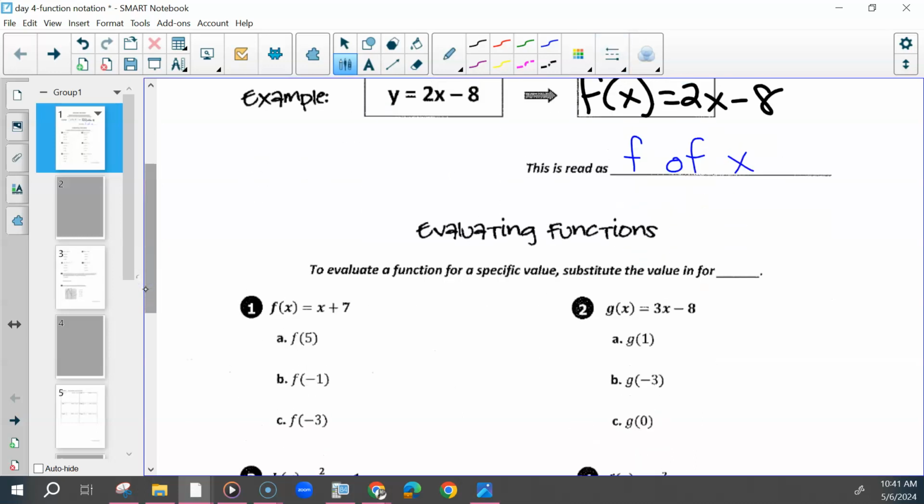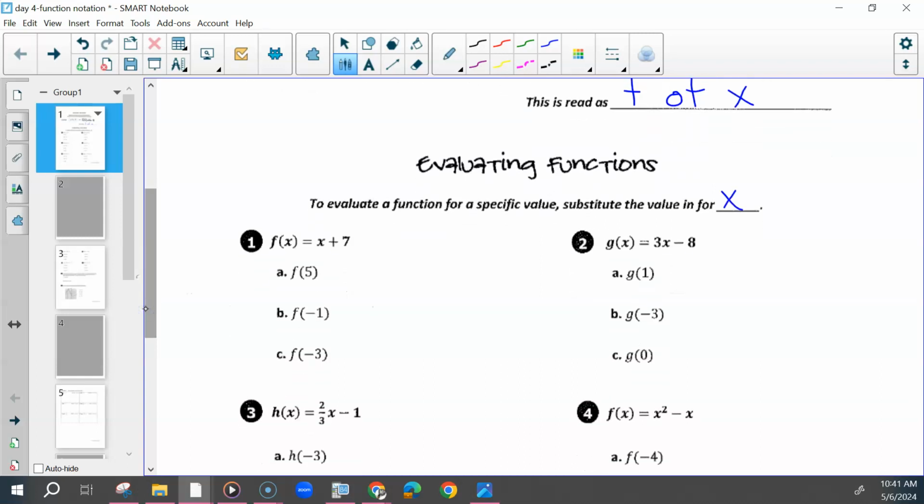going to put the value in for x. So for these examples, you have f of x equals x plus 7. I have f of 5. That means my x value is 5, so I'm going to put 5 in for all my x's. So 5 plus 7, which would give us 12.